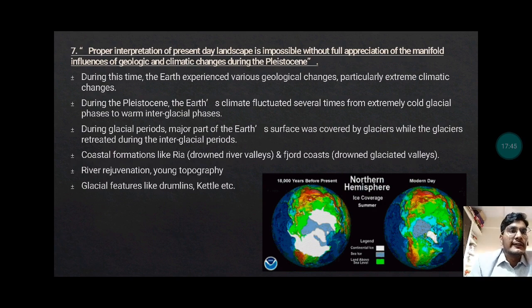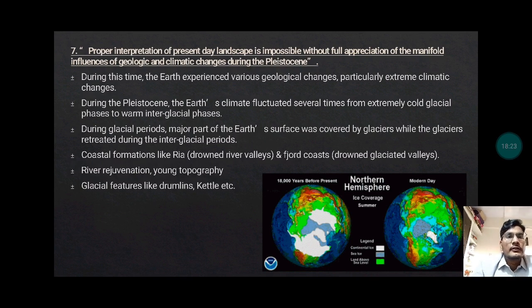Now let's discuss another example regarding the proper interpretation of the present day landscape. River rejuvenation happened due to the earlier valley lengthening and then valley shortening. When river lengthening happened, whatever sediment load rivers had drained into the ocean, and less deposition happened on the bed of the river, because when the river lengthens, the river starts valley deepening as well as valley widening.